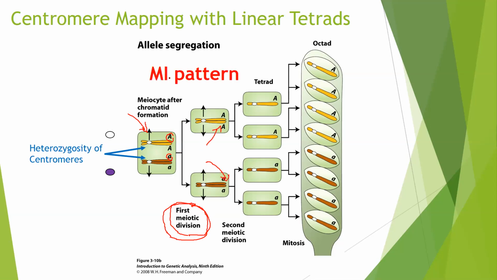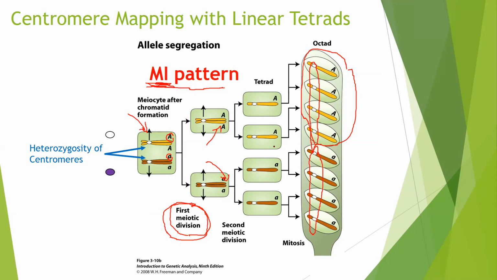We call this pattern an M1 pattern, which means the meiotic division 1 pattern. The reason we call it this is because these two alleles, big A and small a, separate at the first meiotic division step. In this case, you're going to see this, because, as I mentioned, this is a very special model organism: this half of the progeny will carry one centromere from one parent, and this half will carry the other centromere from the second parent.